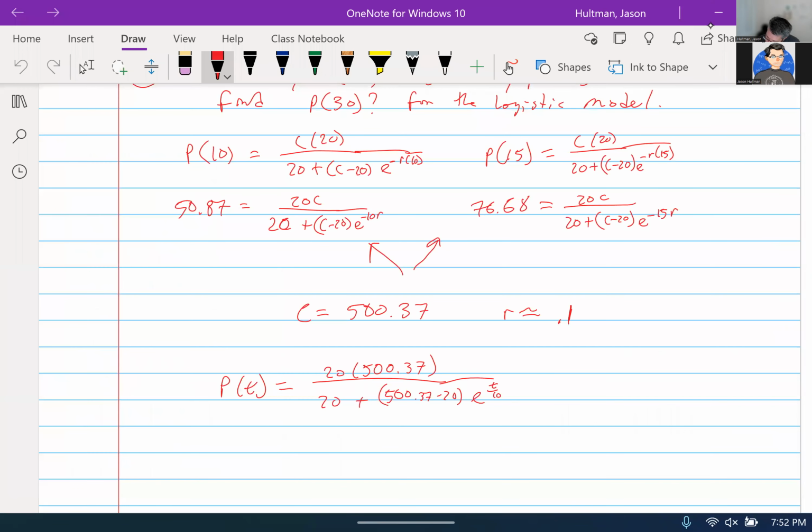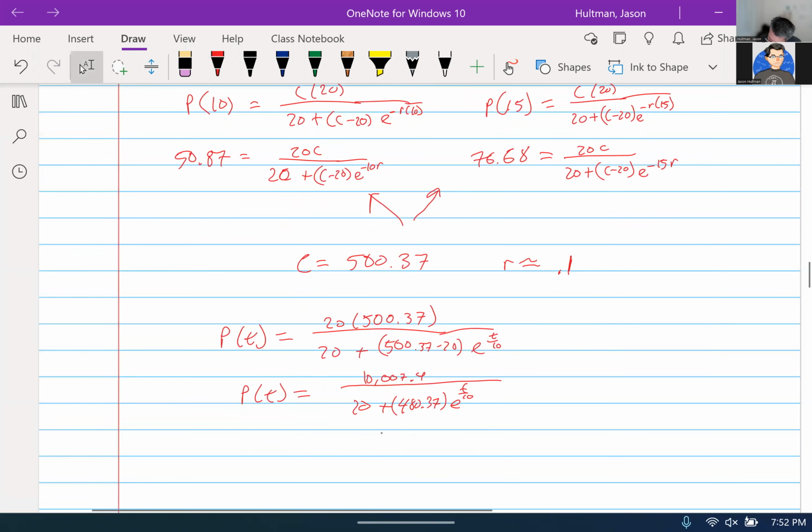So P of t is equal to 10,007.4 over 20 plus 480.37 e to the t over 10. Let me clean that up a little bit better. Okay, so that's my function, P of t.